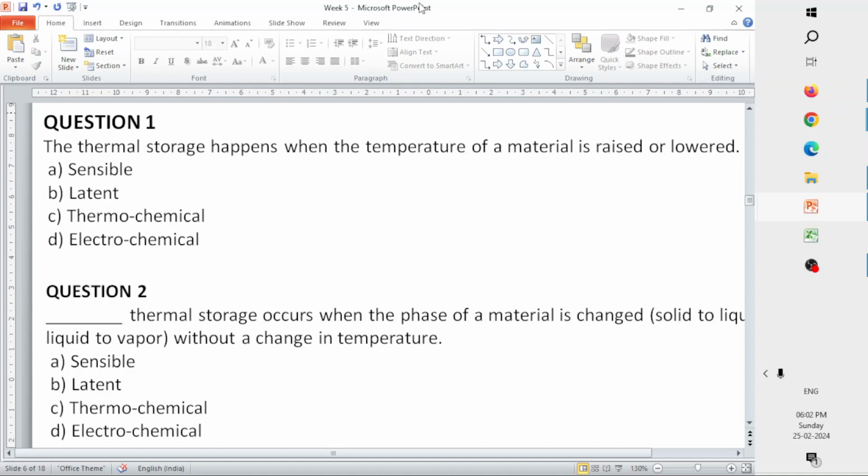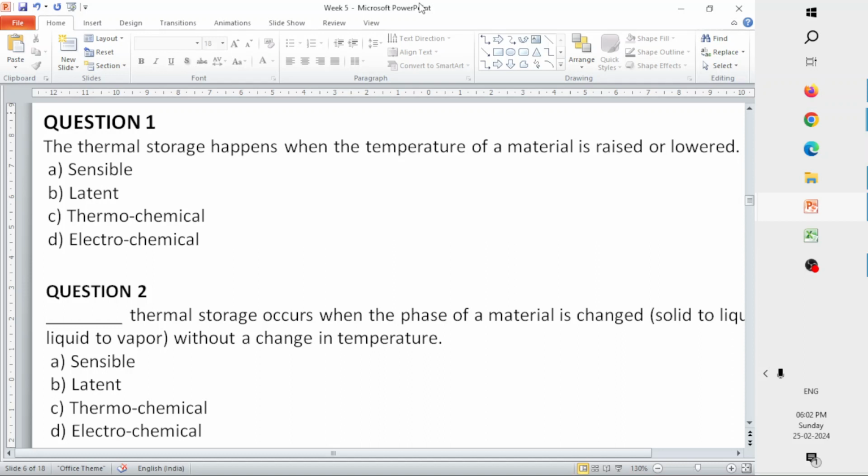So the next one is sensible heat. Sensible heat is basically heat that is gained by the system or released by the system when the temperature is raised or lowered. This is what I said in the example. You have water at 0 degrees Celsius, and it is moving to 100 degrees Celsius.